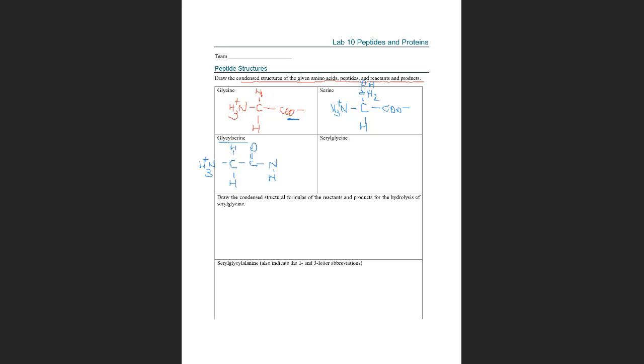This is the peptide bond. We remove two hydrogens from the second amino acid and one oxygen from the first one. And then we continue with the serine. That keeps the same name.